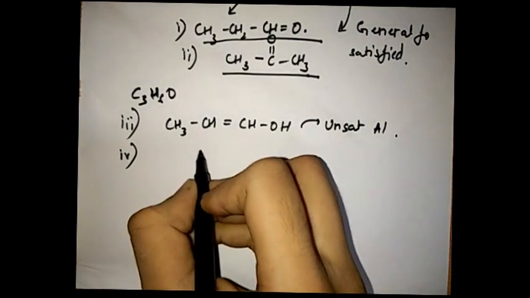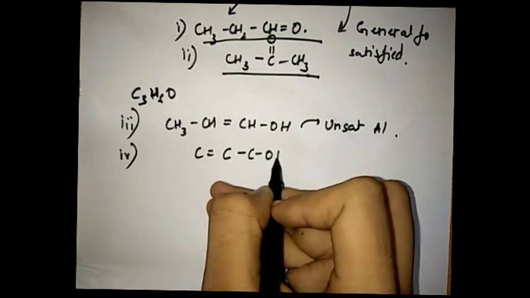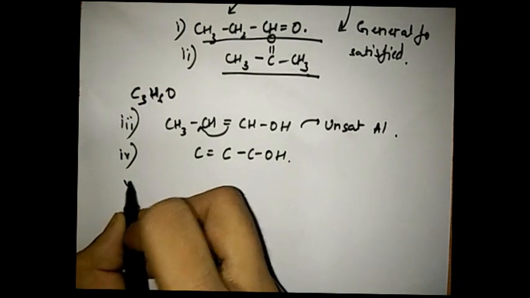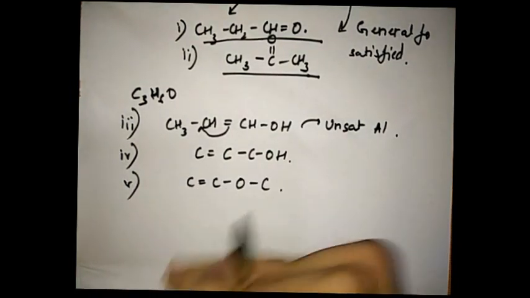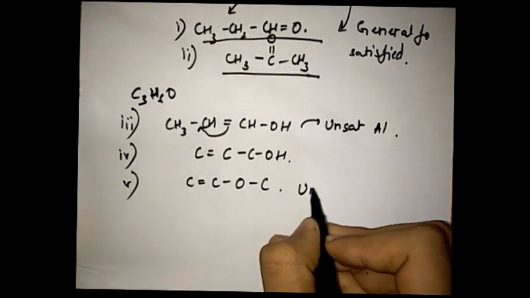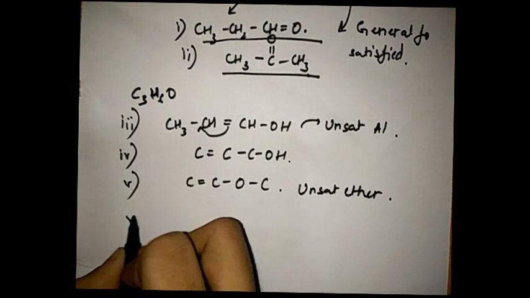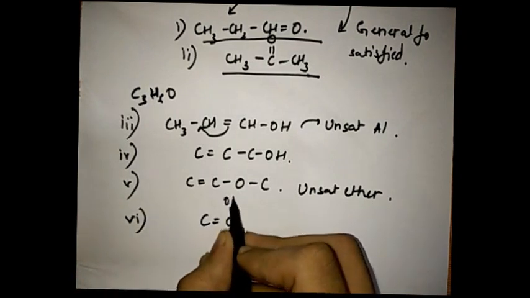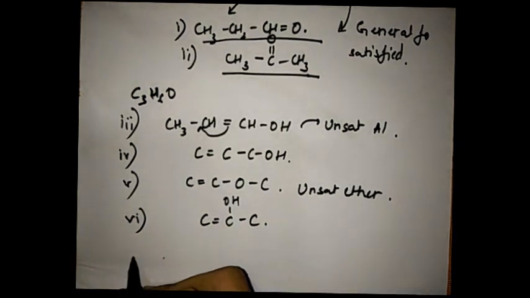Next, we can convert it to another unsaturated alcohol by shifting this double bond over here. And the next one can be an unsaturated ether. Next one can be another unsaturated alcohol.